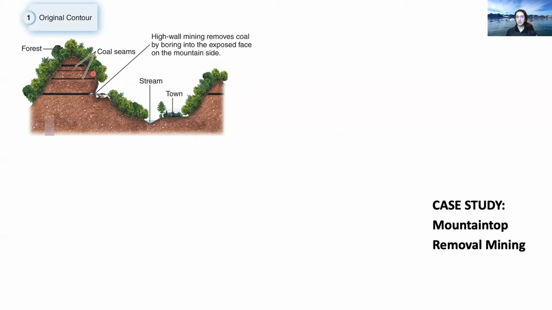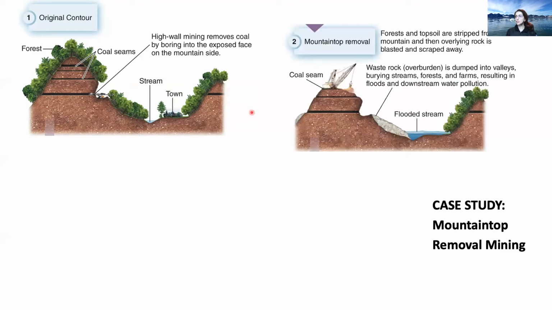But with mountaintop removal, that original contour is stripped away completely such that the forest is gone and we've removed the overburden that overlays that first coal seam. So the forest and the topsoil are stripped away from the mountain, and then the overlying rock is blasted and scraped away.